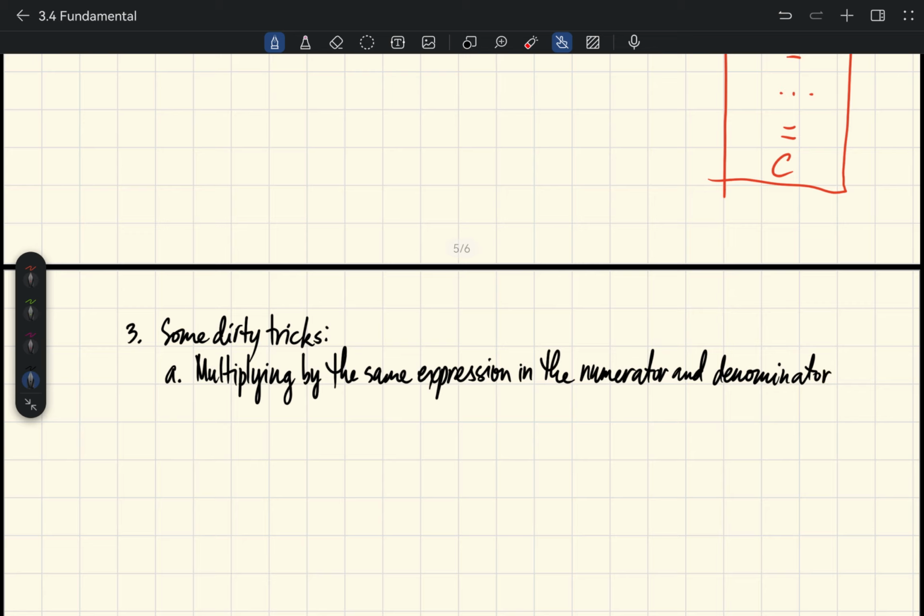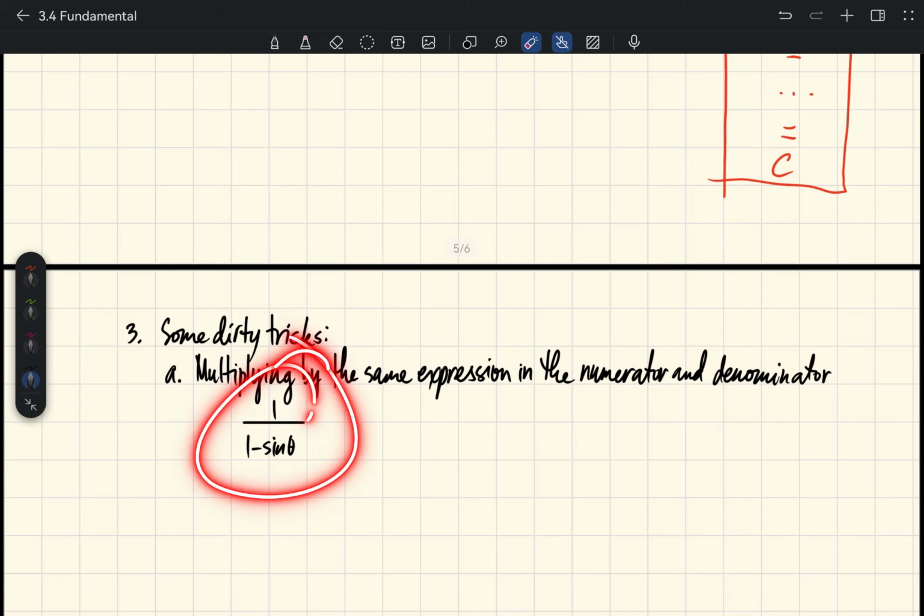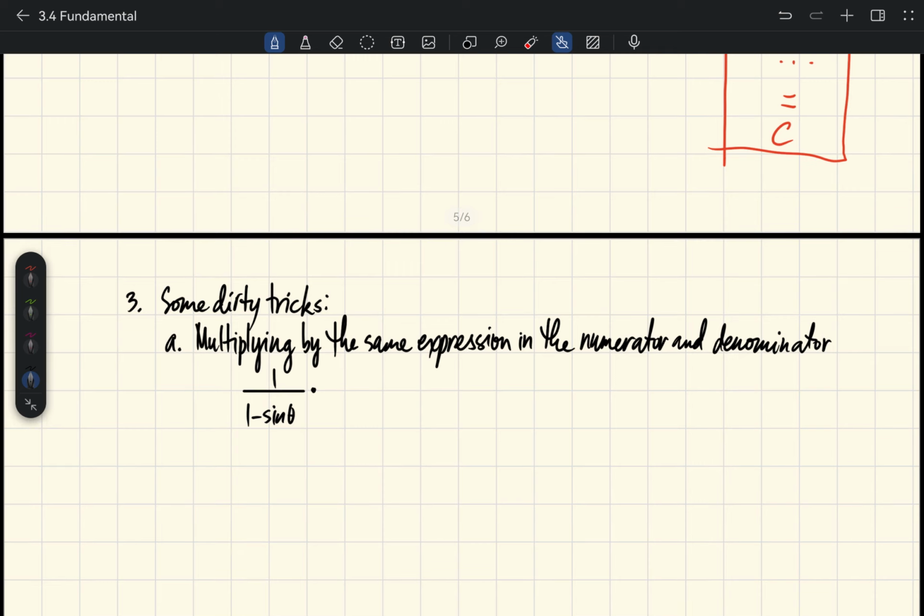So for example, you have this expression right here, 1 over 1 minus sine theta. This one is too simple in a way that we cannot really manipulate a lot of stuff here. However, by multiplying the same expression in the numerator and denominator, for example, we can try and multiply 1 plus sine theta over 1 plus sine theta.